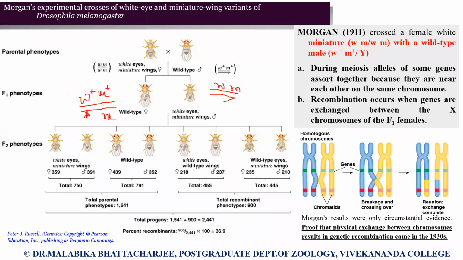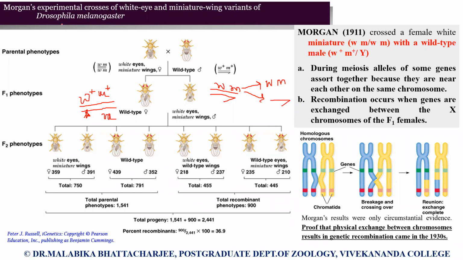Now they are interbred. When this category of situation is interbred, the male can produce only two combinations. It does not have any other choice. It will either give WM or it will give a Y chromosome.